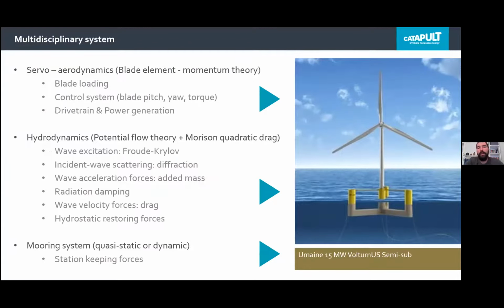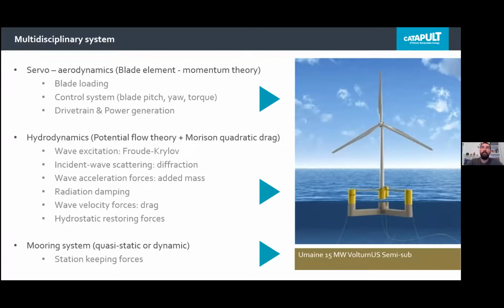So modeling and designing a floating wind turbine is a complex multidisciplinary system which encompasses servo aerodynamics, often tackled using blade element momentum theory or heavier and more advanced CFD techniques. The aerodynamics are directly coupled with control systems which control blade pitch, yaw, and torque.